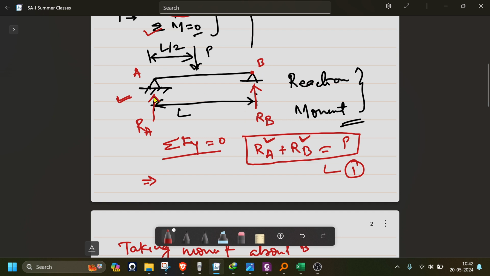It will be RA into L minus P into this distance, right? So what is this distance? This distance is L by 2. If this is L by 2, then definitely this will be L by 2, right?